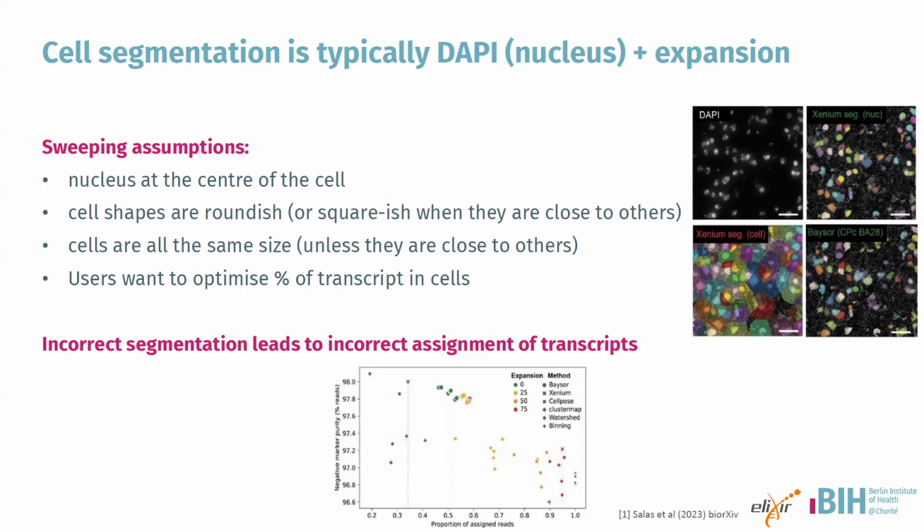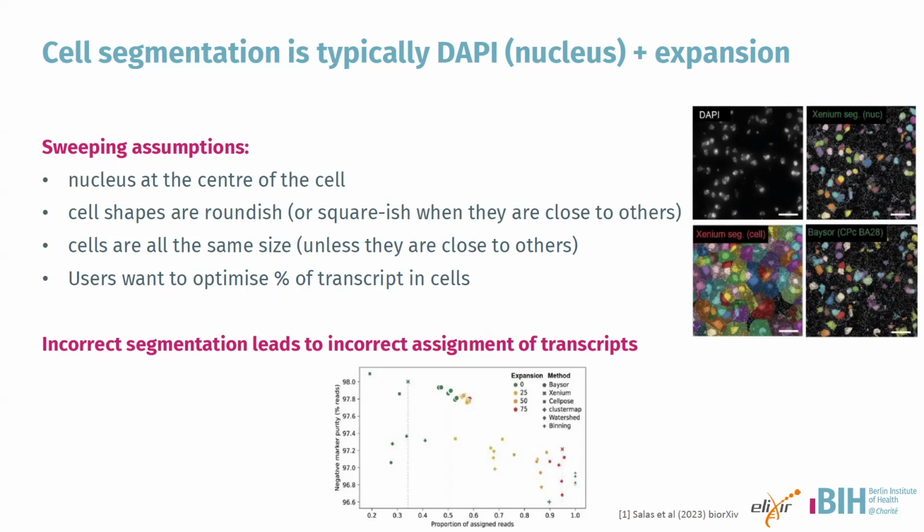So you are encouraged to make very large cells. And we compared this to a different algorithm called Baysor, which does segmentation based on transcript location. So it doesn't explicitly need to use things such as counter stains, and it just looks at these patterns. And one of the things we found was that approaches such as Baysor, which optimize the reproducibility of these transcript co-occurrences in the tissue, get a very high score for what we call the negative marker purity.